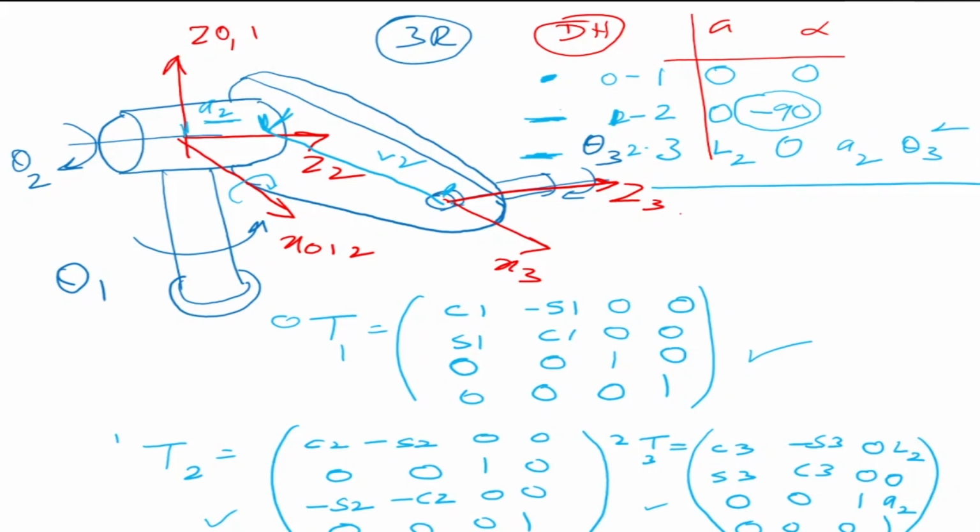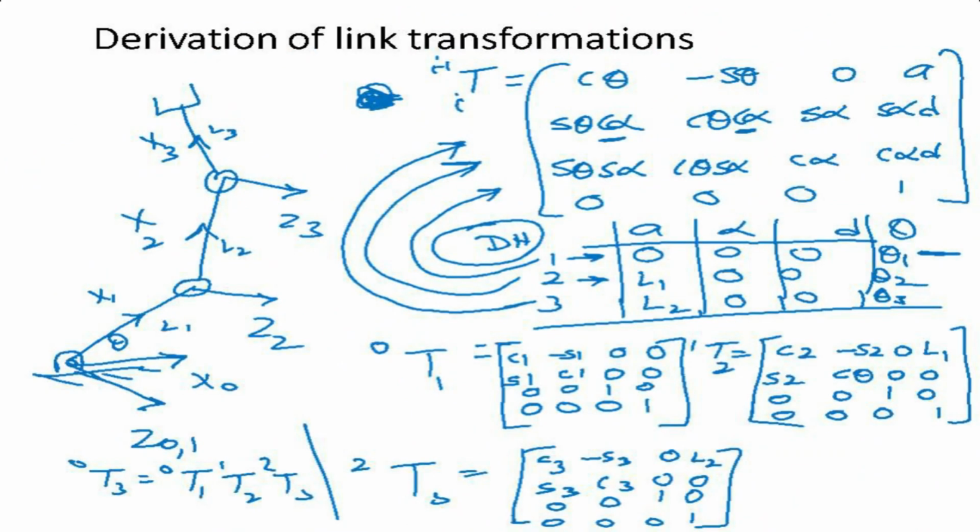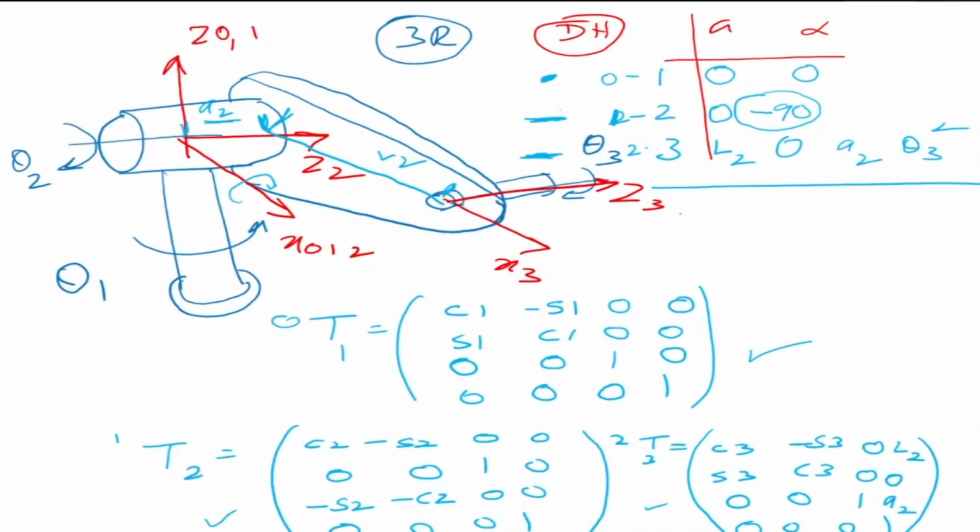So at every time it will take one row, put it in the generalized matrix and get the corresponding matrix. We enter the generalized matrix into the computer, and every time it is going to put the values of theta, alpha, D and A, and get the corresponding matrix. Then multiply them all out and get your final transformation matrix between the end effector and the base frame.